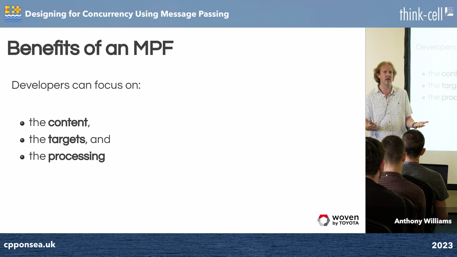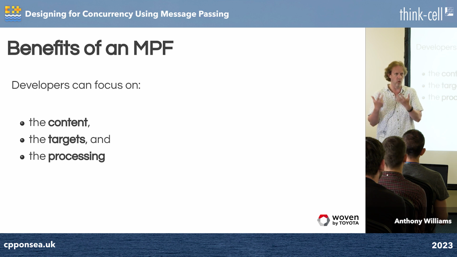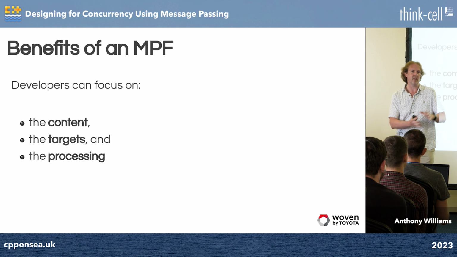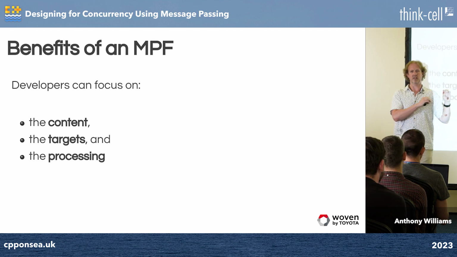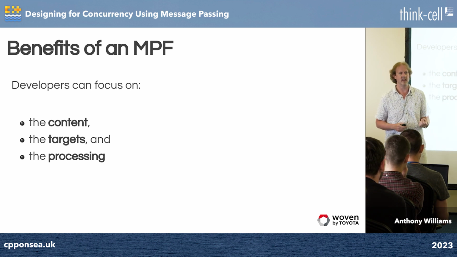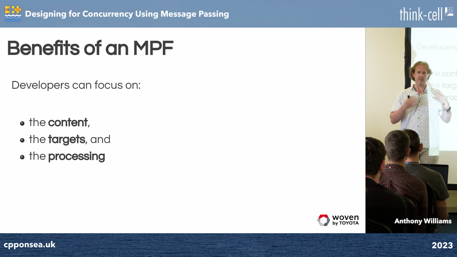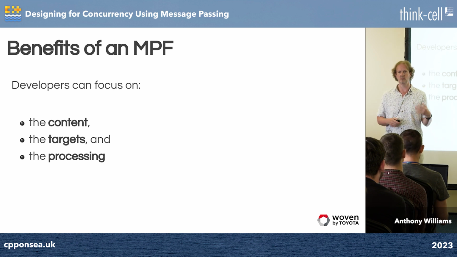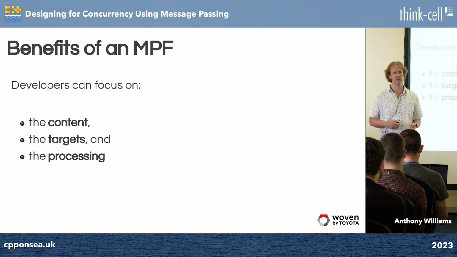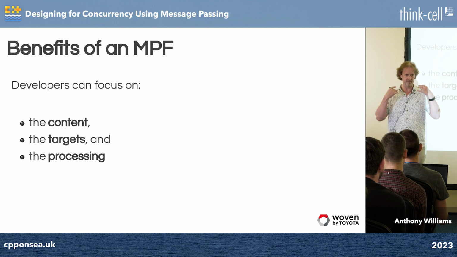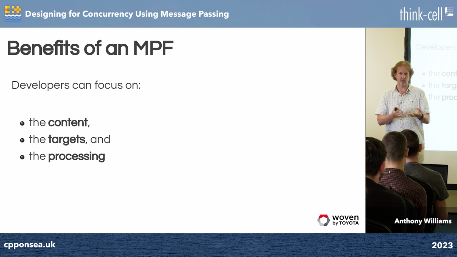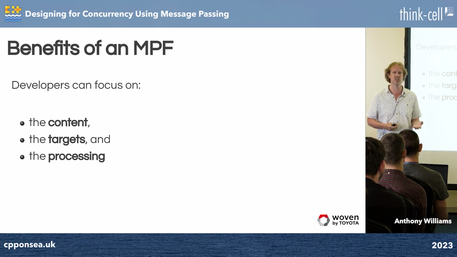That is what we all do when we're writing applications all the time, thinking about what is the data, where's it going, how are we processing it? And if we can farm out the transport mechanisms to the framework, then that makes our job as application developers that little bit easier, because we've got more of our time to focus on the things that actually matter for the application.